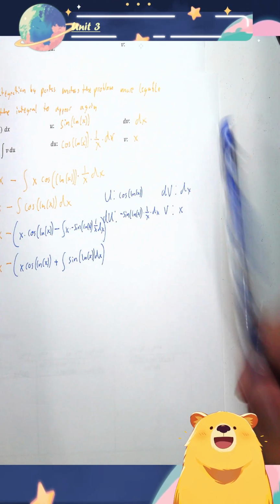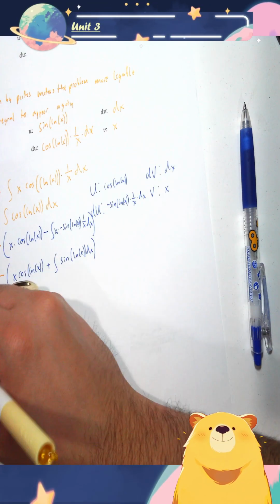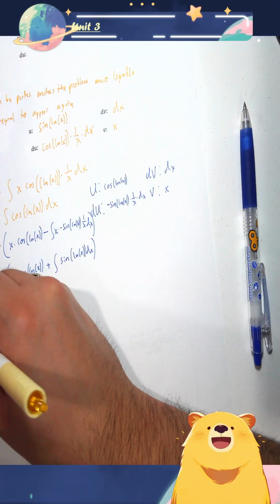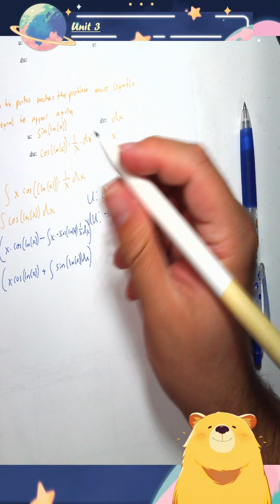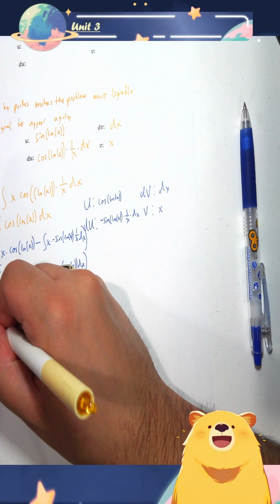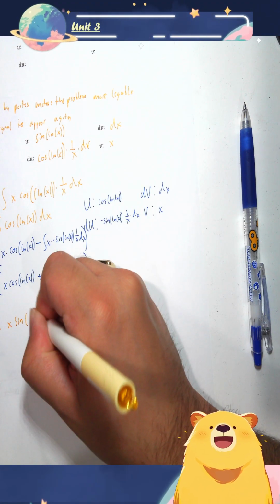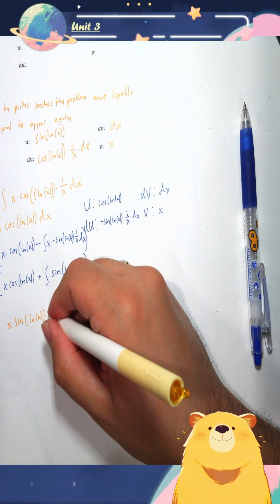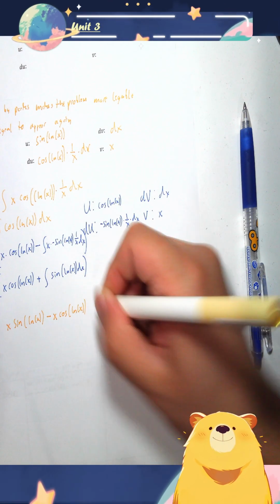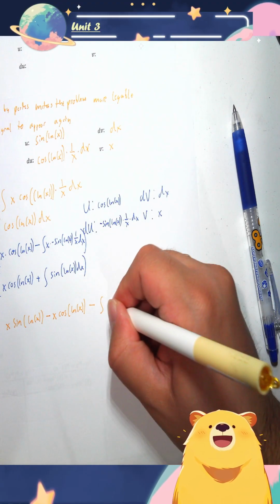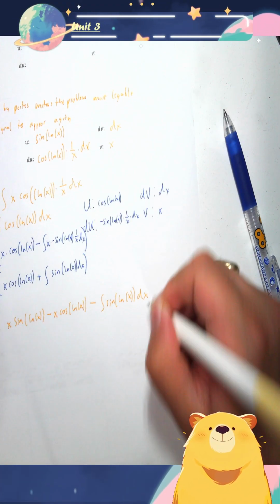In fact, if we wrote our expression fully, including distributing the negative, we have the integration of sine of ln of x dx is equal to first x sine ln of x minus x cosine ln of x, and then minus the integral sine ln of x dx.